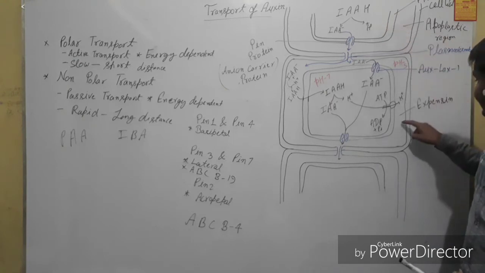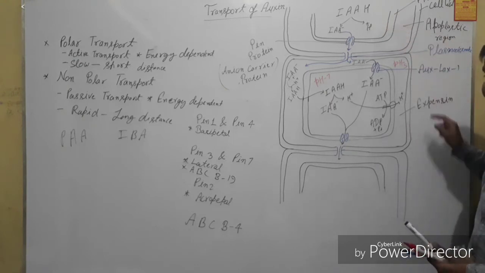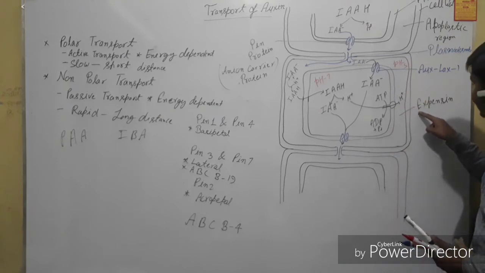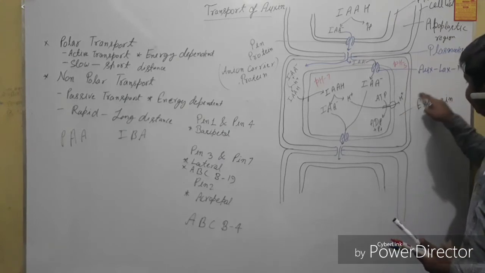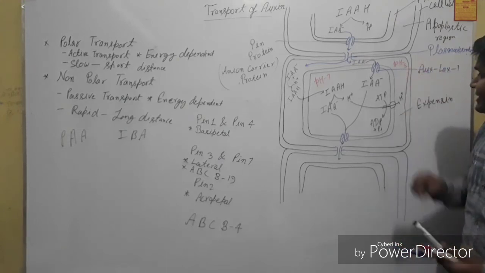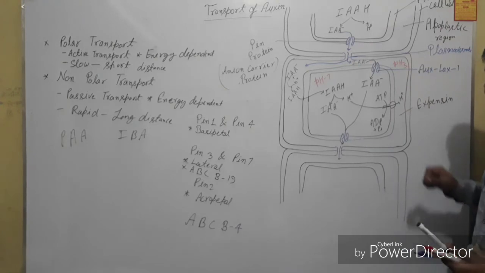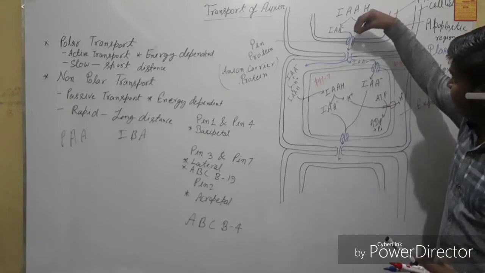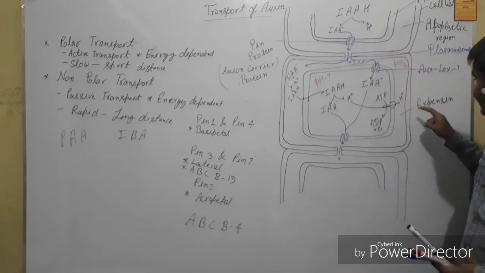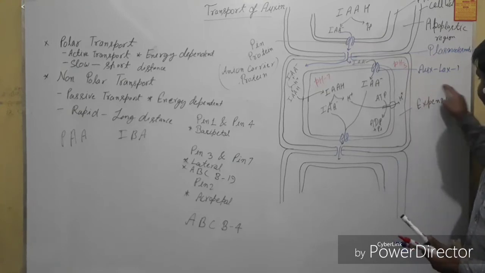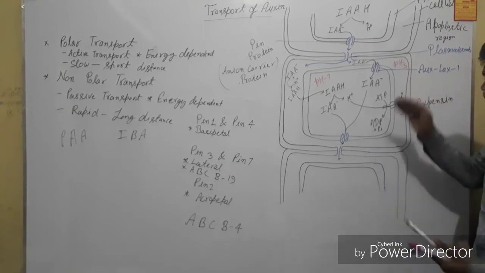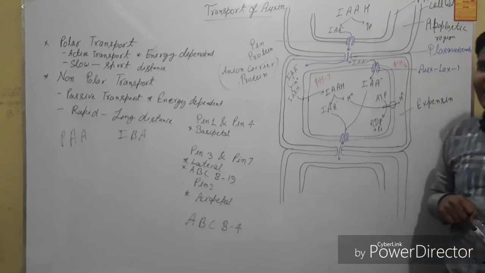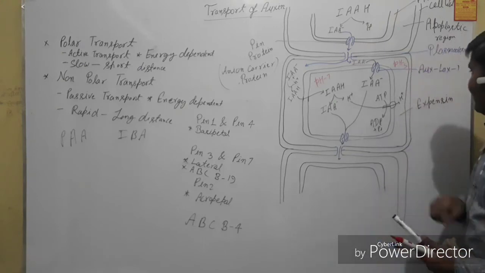Here expansin helps in expansion in the presence of hydrogen ion. That means this protein is active in the acidic region, or when auxin comes here, then this expansin helps in the expansion, in the presence of an acidic environment at the apoplastic region.